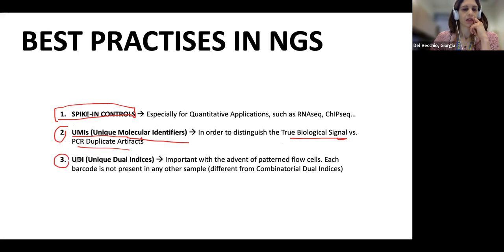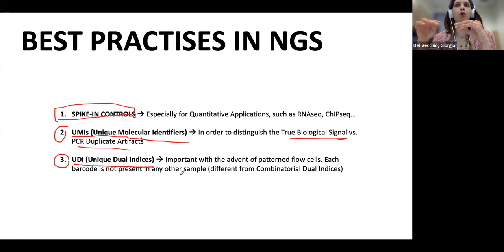Last but not least, unique dual indices. So using unique indices for both ends can be extremely important, especially in the patterned flow cells, the ones in the new Illumina instruments, to avoid any read misassignment.